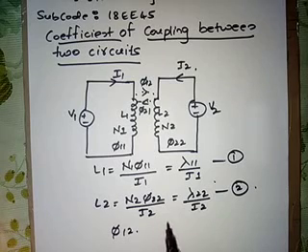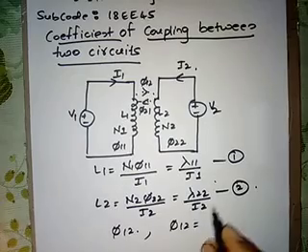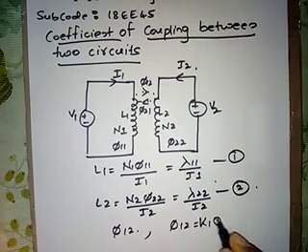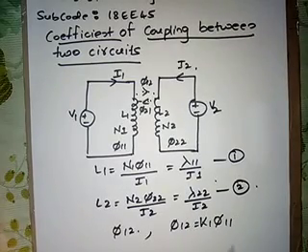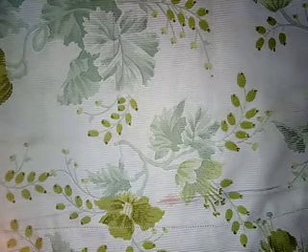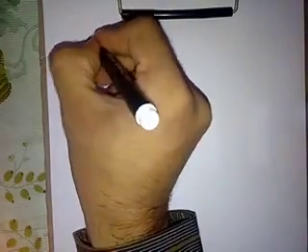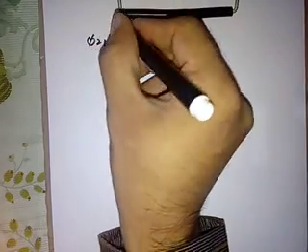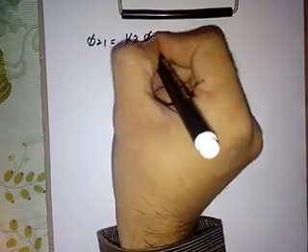Therefore, it can be written as phi 12 is equal to K1 into phi 11, some factor into phi 11. Take it as 3. Similarly, we can write for phi 21, this is equal to K2 into phi 22.